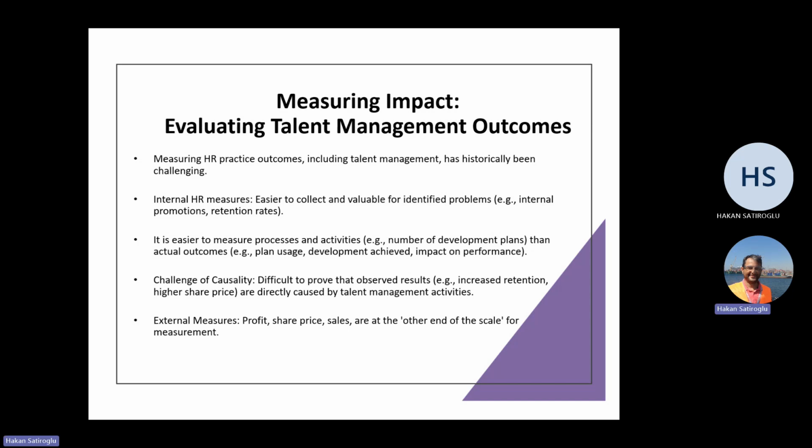I think there could be a confusing point here: you are not measuring the people in the talent pool. You are measuring the impact of overall talent management.